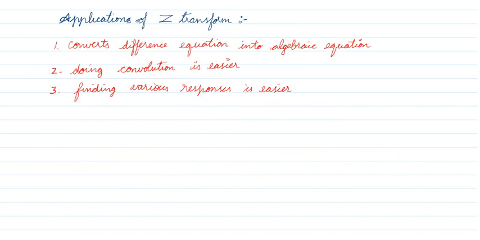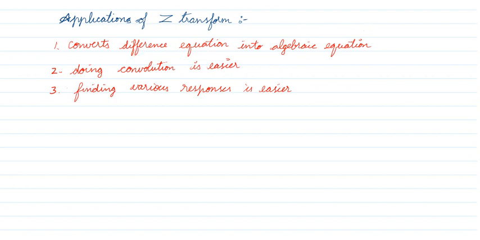So these are a few applications of Z transform from a signals and systems point of view. It converts a difference equation into an algebraic equation. For any discrete time system, I will be using a difference equation, which is in the time domain. I will be converting that into an algebraic equation. We know solving an algebraic equation is very much easier when compared with working with a difference equation.